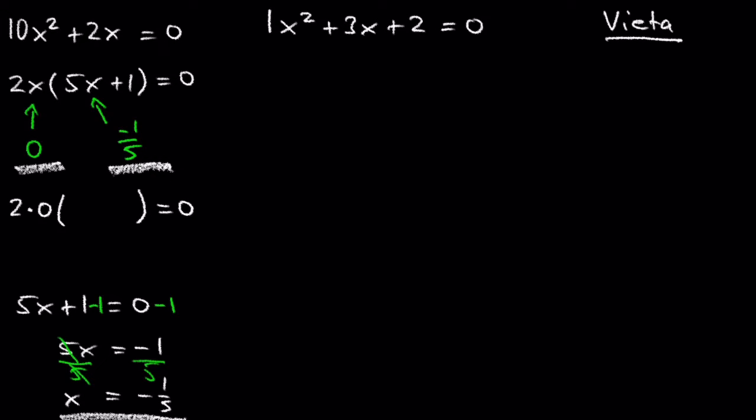This is important now. Ask yourself, which two numbers, when multiplied, give us the constant term 2?